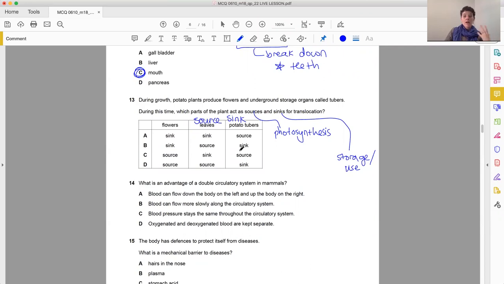They're using these products of photosynthesis to grow the flower. So they also act as a sink. So we have sink, source, sink, and the answer that matches that is B. Flowers are a sink, leaves are a source, potato tubers are a sink, while the plant is actively growing.